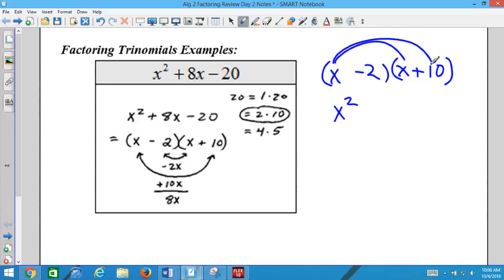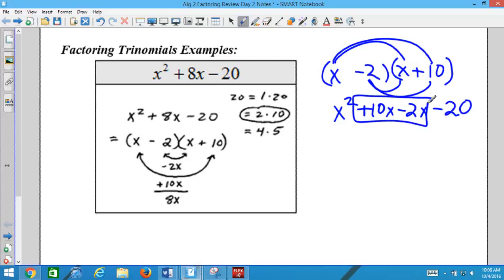Then you did x times 10, then minus 2x, then minus 20. And then from there, our middle 2 terms added together. And we have that. Now we're doing exactly that, but undoing it.